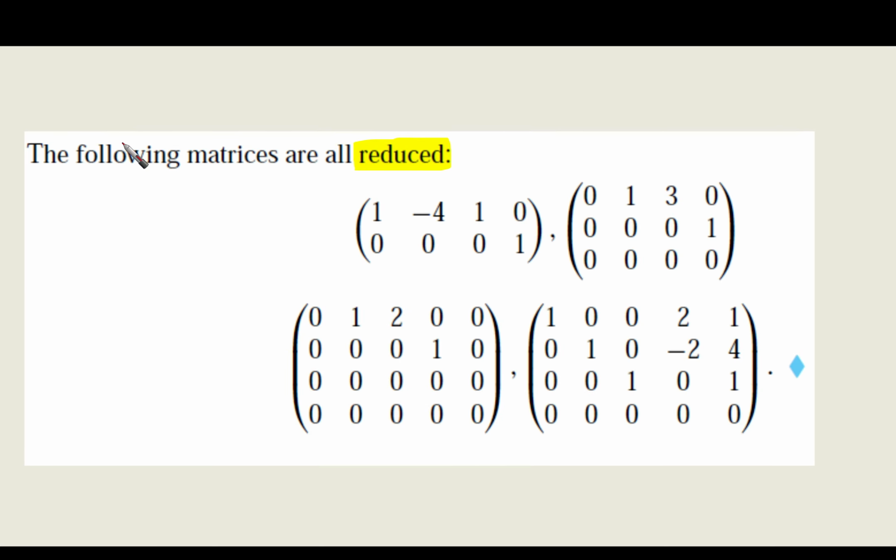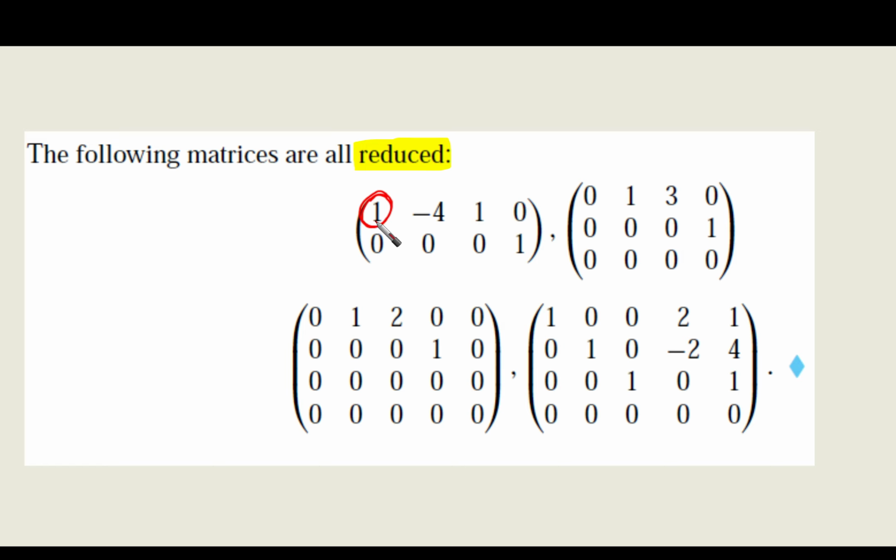Okay, now let's see some examples of the reduced form. Look at these 4 different types of matrices and let us tell whether they are reduced form or not. For this first matrix, I have 1 here as the leading entry, and it is non-zero. To the right of the entry, no problem, any number can be there.